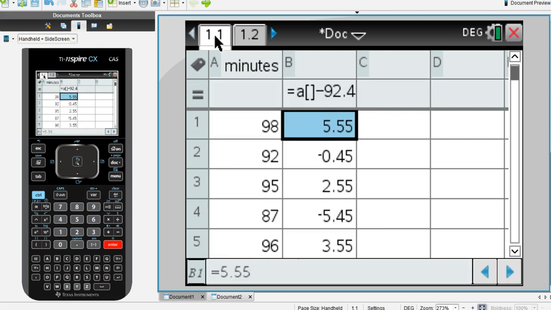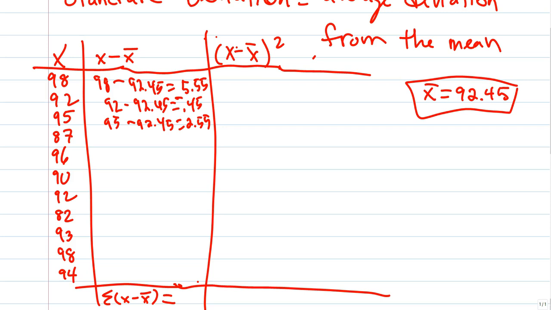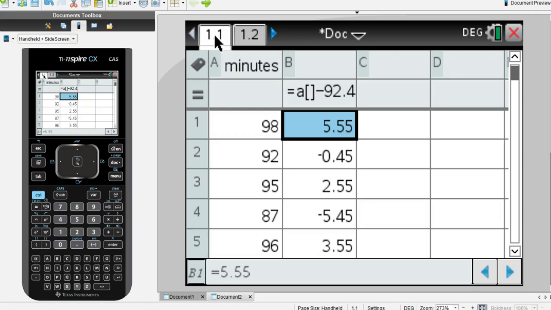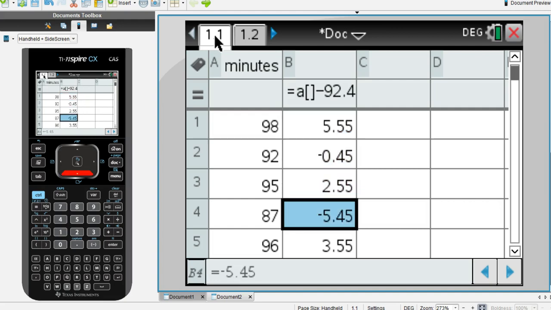Let's write those down. So the next one would be negative 5.55. Just double check, make sure I'm not crazy. 5.45. Okay.